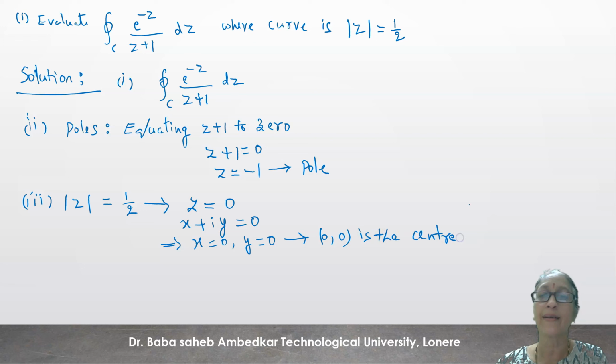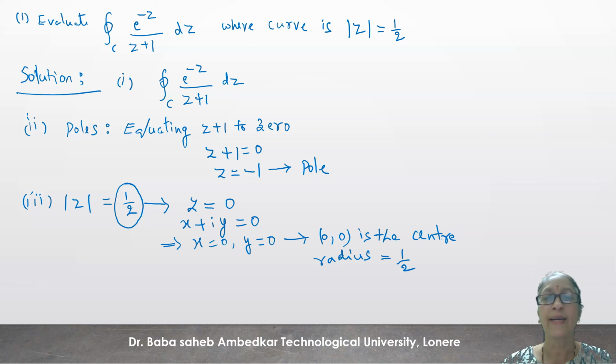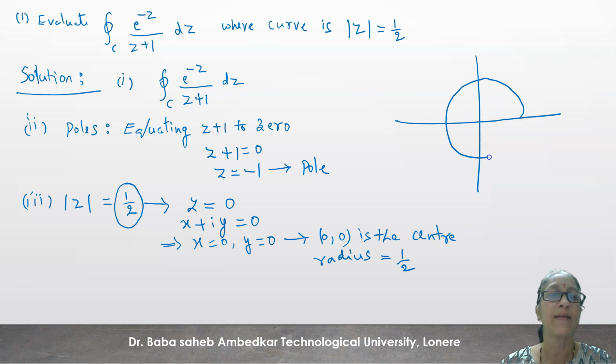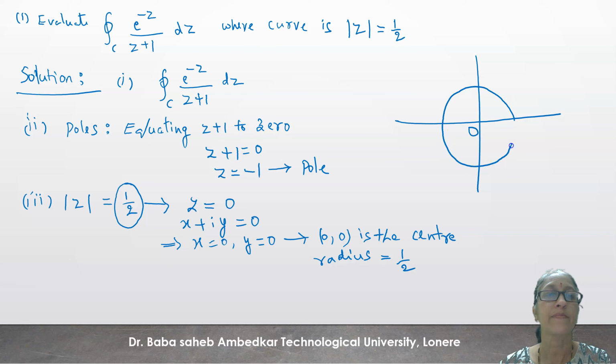Then how do you get the radius? The right hand side number is nothing but the radius. So radius equal to 1 by 2. Center is at the origin and radius is 1 by 2. So when you plot that circle like this, this is the center and here the radius is 1 by 2. This is the real axis, and this is the imaginary axis.